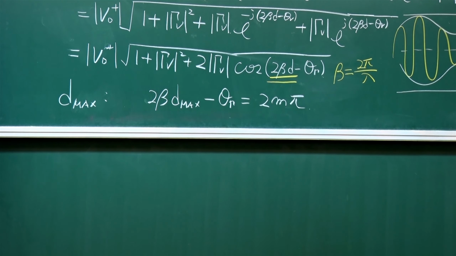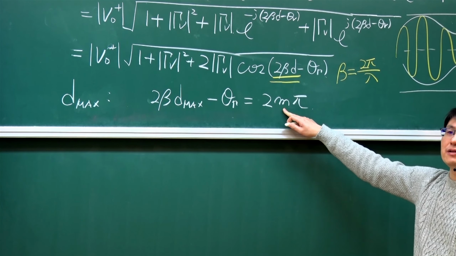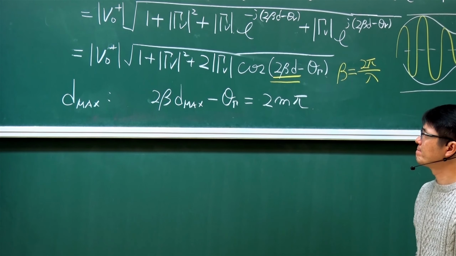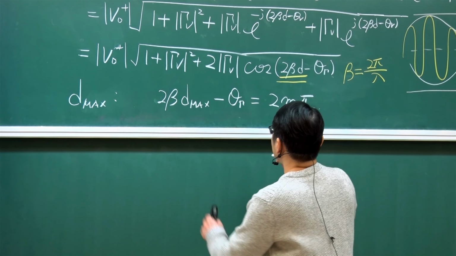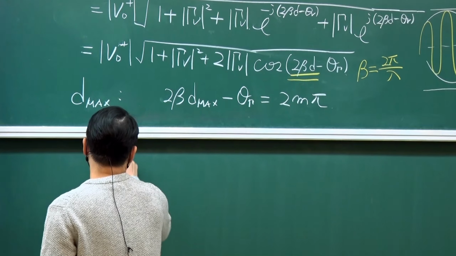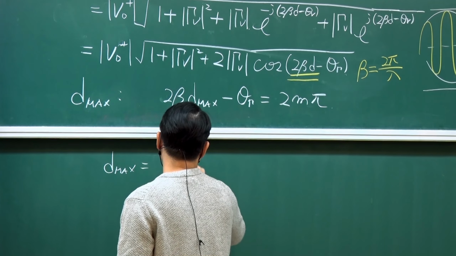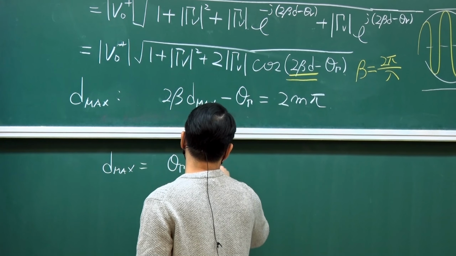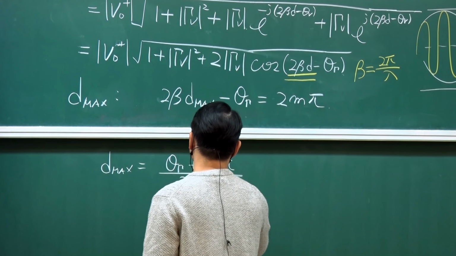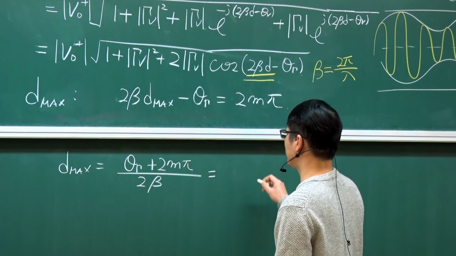That's it. n is an integer, 0, 1, 2, 3, 4. So d maximum is equal to (beta gamma plus 2 n pi) divided by 2 beta.